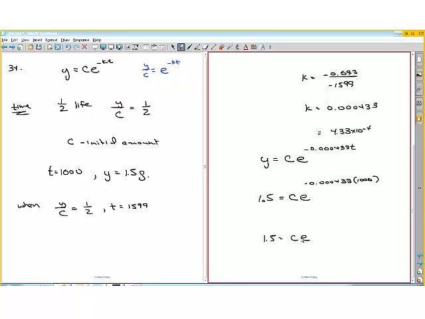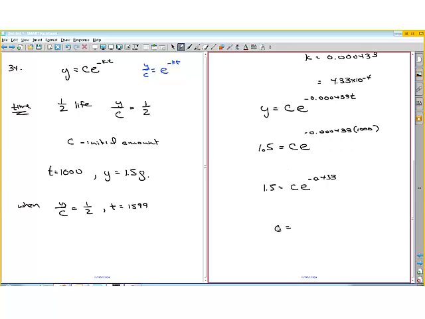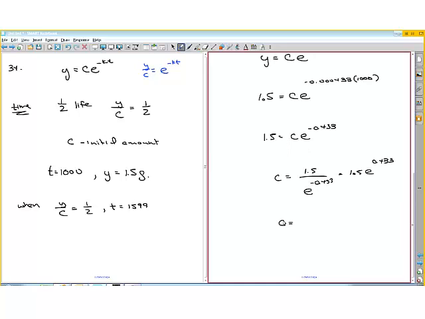So you get 1,000 times 0.000433, which is negative 0.433. So all I have to do is solve for c. c is equal to 1.5 divided by e to the minus 0.433, which is the same as 1.5 times e to the positive 0.433, because when it moves from the denominator to the numerator, it changes sign.